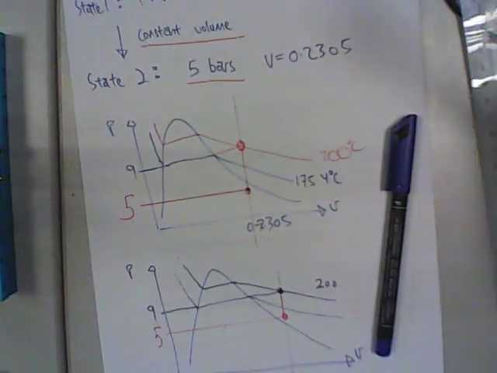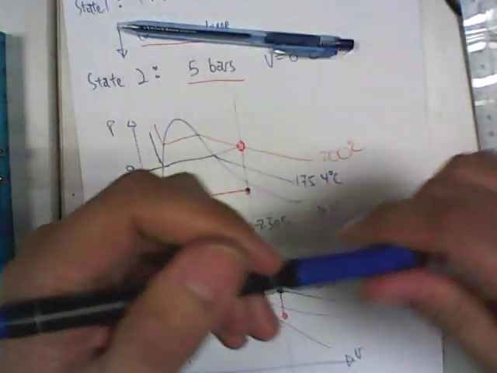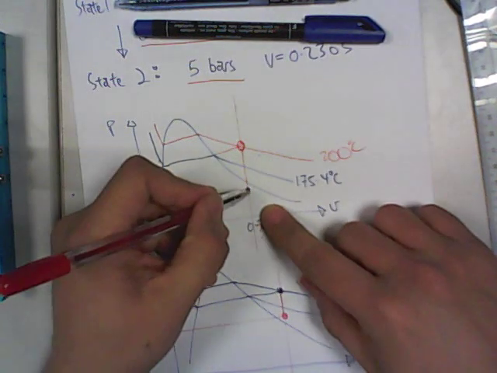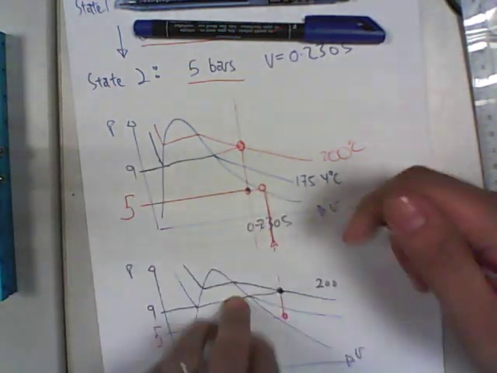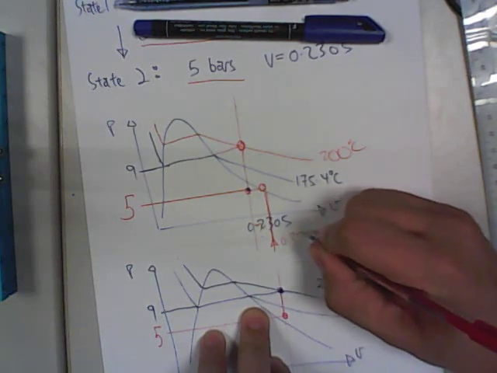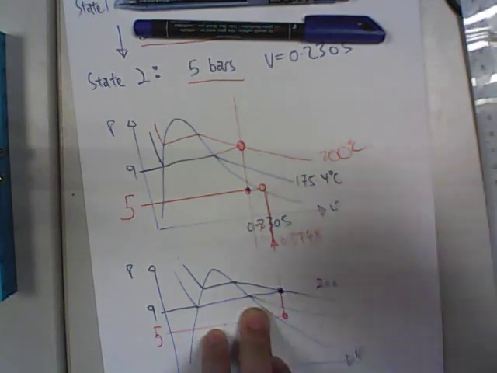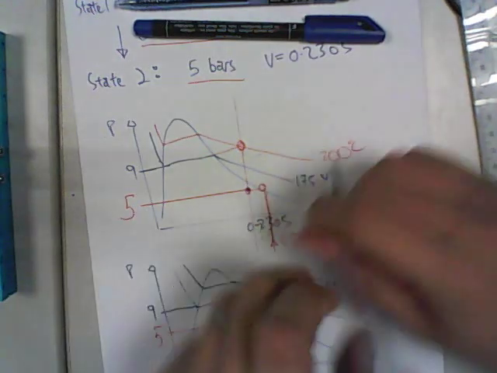If you just mainly look at 5 bars, you actually have the Vg. Vg means at 5 bar, my Vg is 0.3748. So 5 bar Vg is this location. This location is 0.3748.